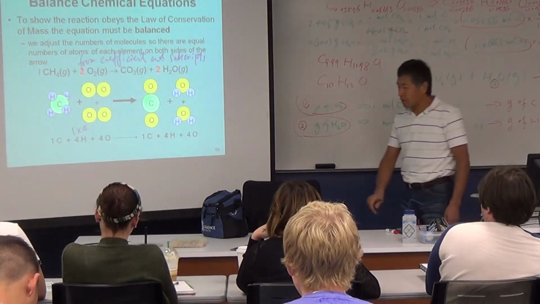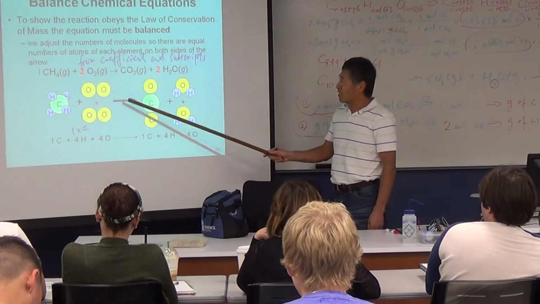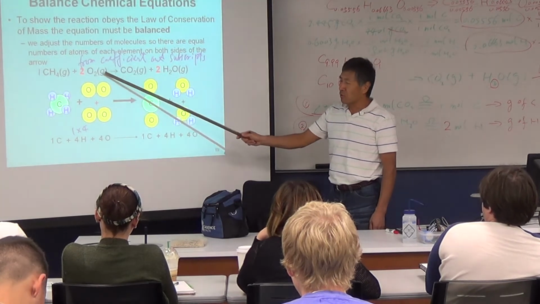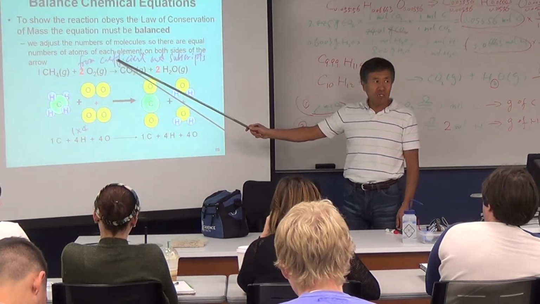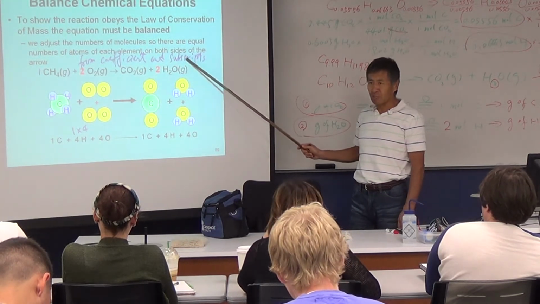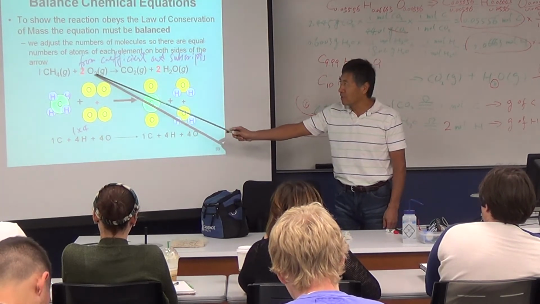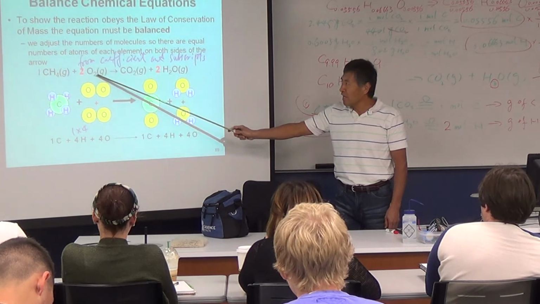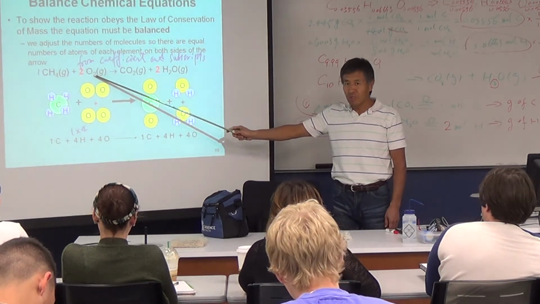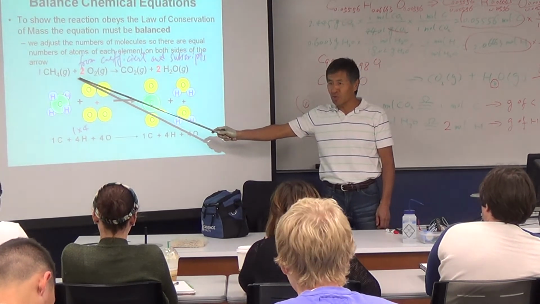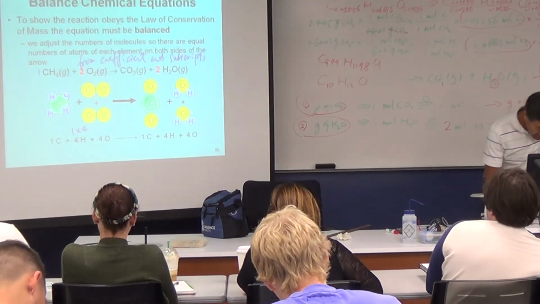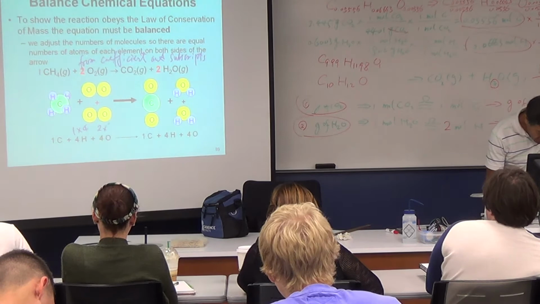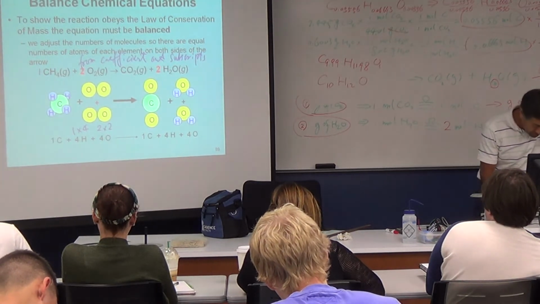Now how do we get 4 O on the left side of this arrow? Again, it comes from the coefficients and also from the subscript. You can see O is here. O has this subscript 2, and also a coefficient 2. So you take 2 times 2 and get 4.